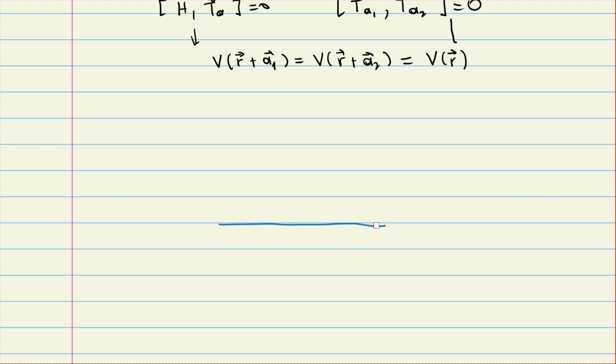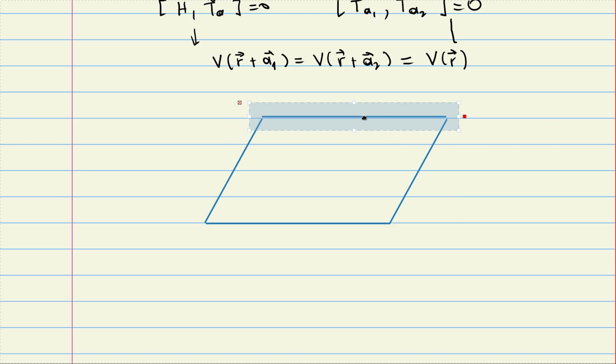So here, let's say this is A. So this one is B. Let me translate this one like this and this one like that. So this one is A1, this one is A2.